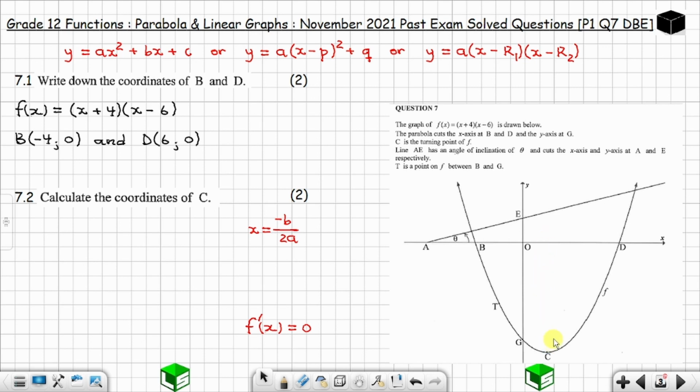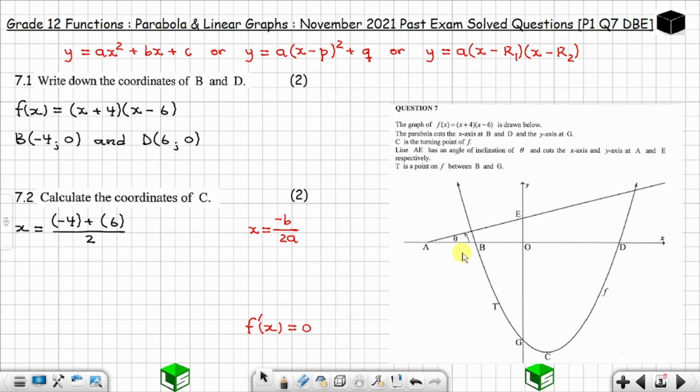You are going to get the x coordinate of C. Let's do that. So x is equal to the x coordinate of B, which is -4, plus the x coordinate of D, which is 6, over 2.